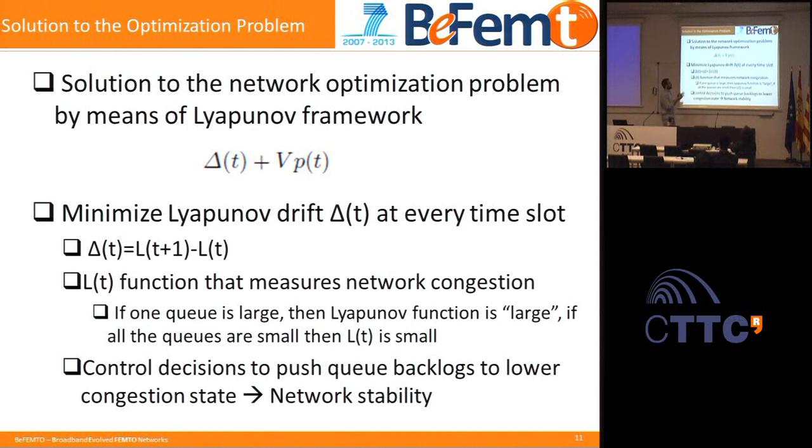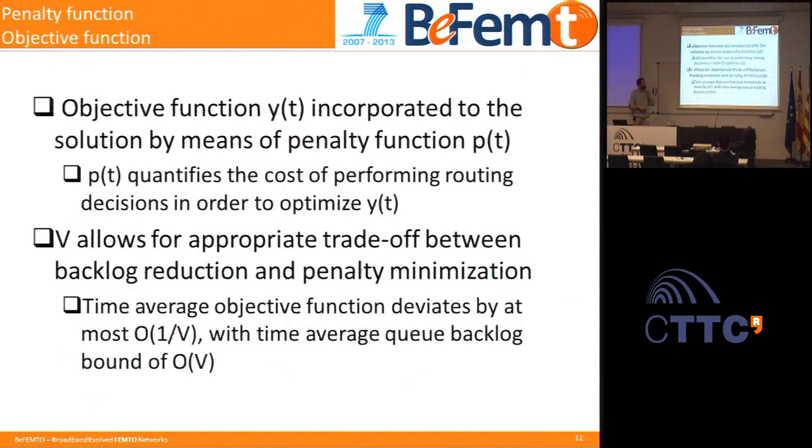The way the Lyapunov optimization solves this issue is by adding this other term that somehow matches this cost function that I was mentioning before. The y function is mapped to this penalty function, and furthermore it's weighed with a parameter V, which determines the importance you assign in your decisions to network stability, taking decisions for distributed resource consumption, and the importance that you assign to your cost function.